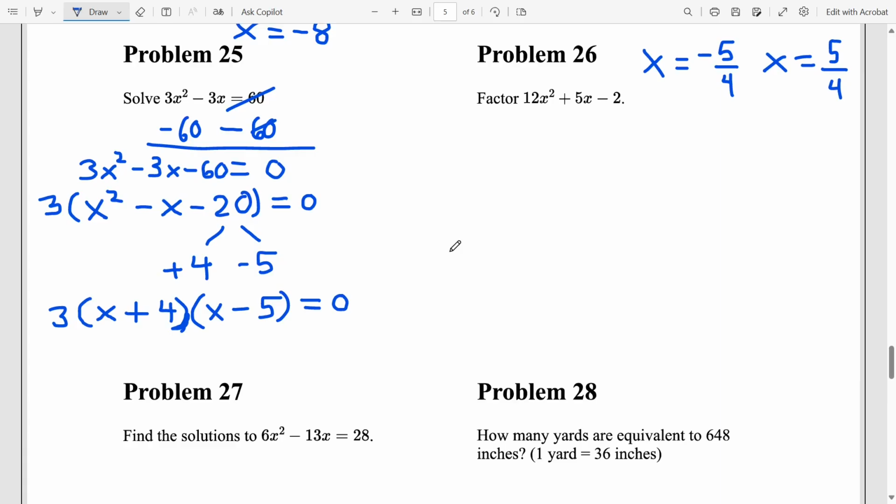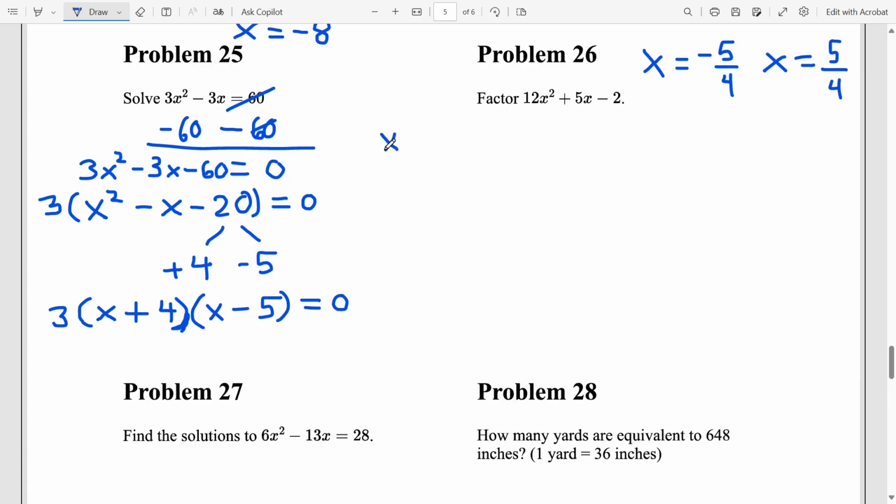Okay, so we have 3 times the quantity x plus 4 times the quantity x minus 5 equals 0. Now, we obviously can't set 3 equal to 0. But if x plus 4 were to equal 0, we'd have 3 times 0 times whatever x minus 5 is, would be 0. Likewise, if x minus 5 equaled 0, 3 times whatever x plus 4 was times 0 would be 0. So we're going to find our two solutions.